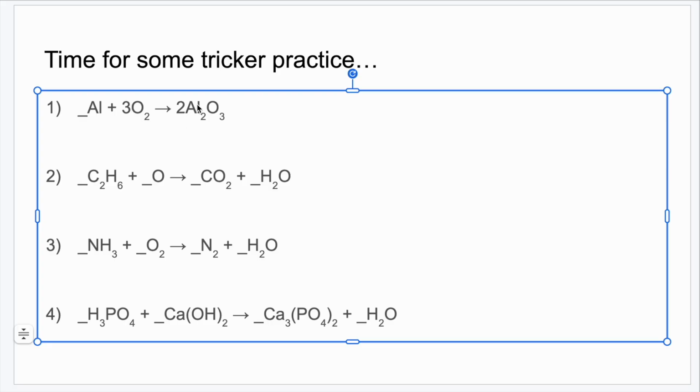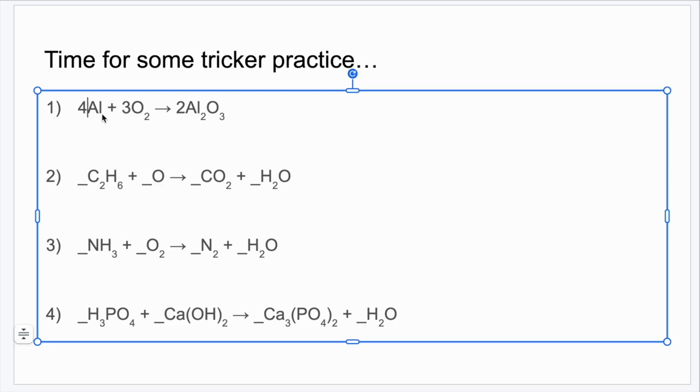So these 2 aluminum atoms multiplied by 2, 2 times 2 is 4. I go over here. The aluminum doesn't have a subscript, so 1. So to get from 1 to 4, I need to multiply by 4, so I put a coefficient of 4 here. Okay, and then I want to check and make sure that everything's fully balanced.